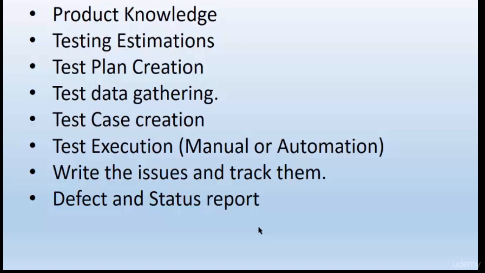So you need to make a report, and we're going to learn about that as well. And then you would do different kinds of testing, which comes under test case execution.